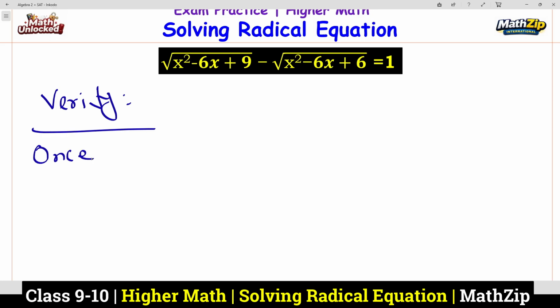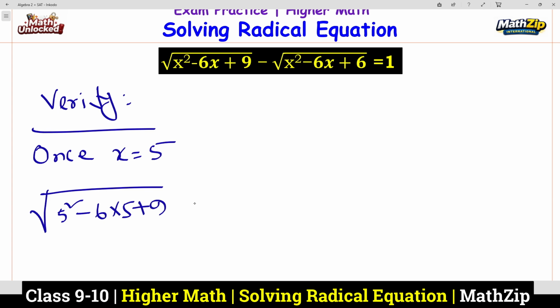Once x equals to 5, so here root 5 square minus 6 times 5 plus 9 minus root over 5 square minus 6 times 5 plus 6, and we have to make this one 1.